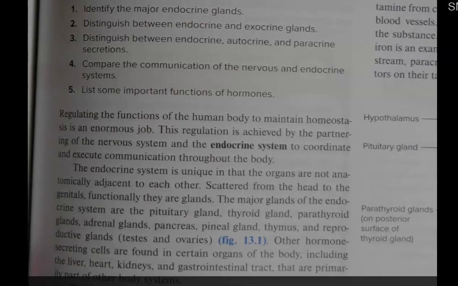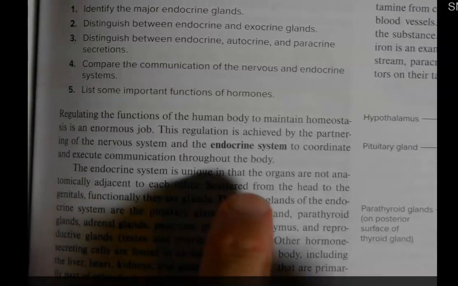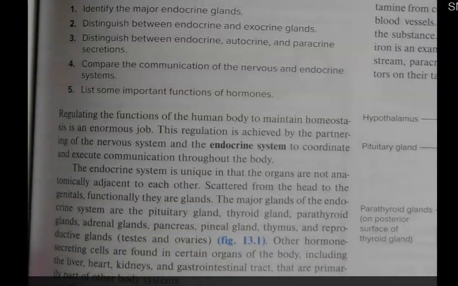On the other hand, glands can communicate with other parts of the body, referred to as their target organs or target cells, by a slightly slower method, and that's where the endocrine system comes in. So these endocrine glands secrete chemical substances called hormones that are generally carried through the body by means of the bloodstream.